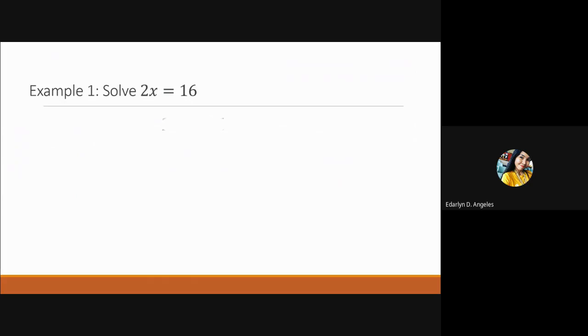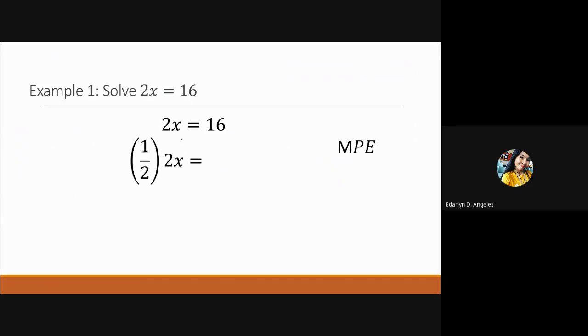Okay, let's see. So here is our given. And by the use of MPE, we need to multiply both sides of the equation by the multiplicative inverse of 2, or what we call the reciprocal of 2. So that we could make the numerical coefficient of x 1.